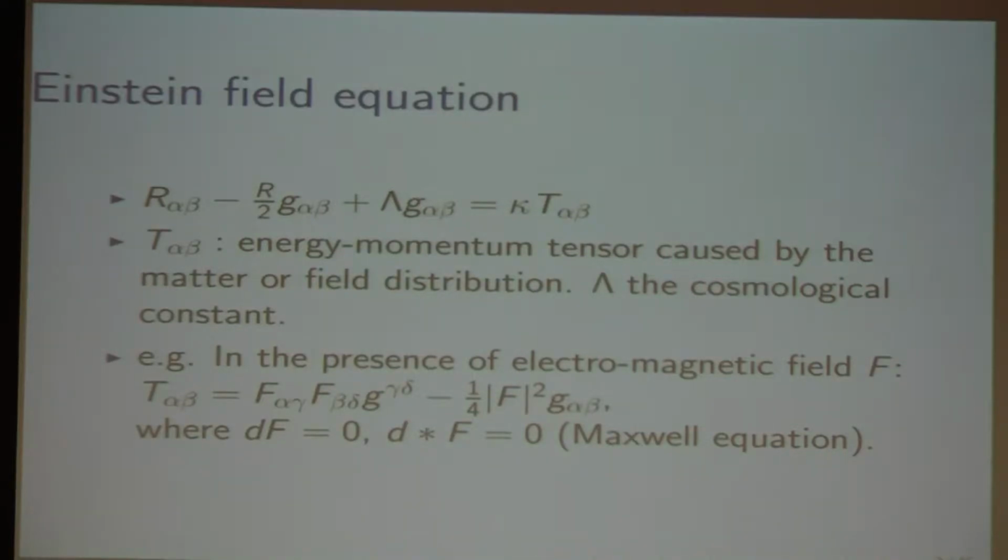The F must satisfy the so-called Maxwell equation, dF equals 0, so F is closed, and d star F is 0, which means the Hodge dual of F is also closed. Here the Hodge operator is defined with respect to the Lorentzian metric.